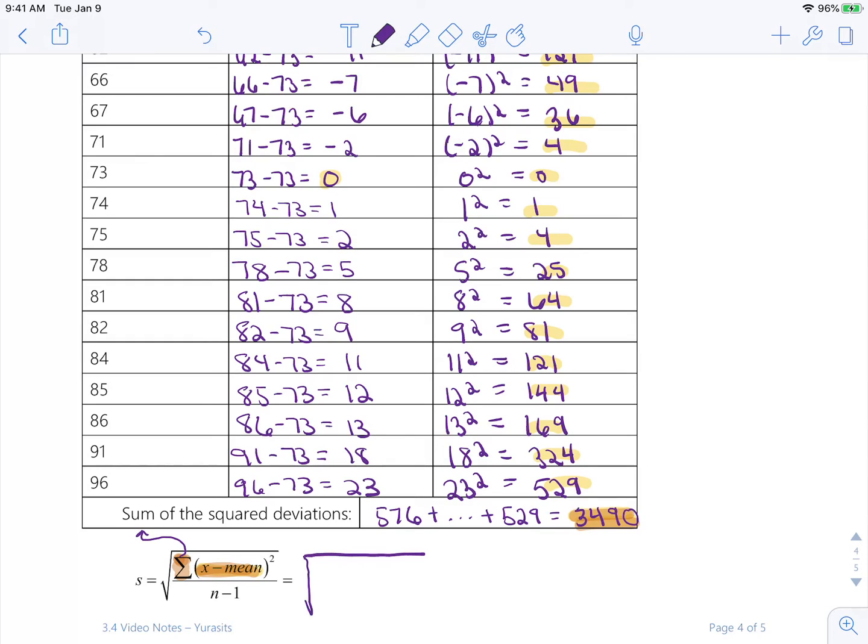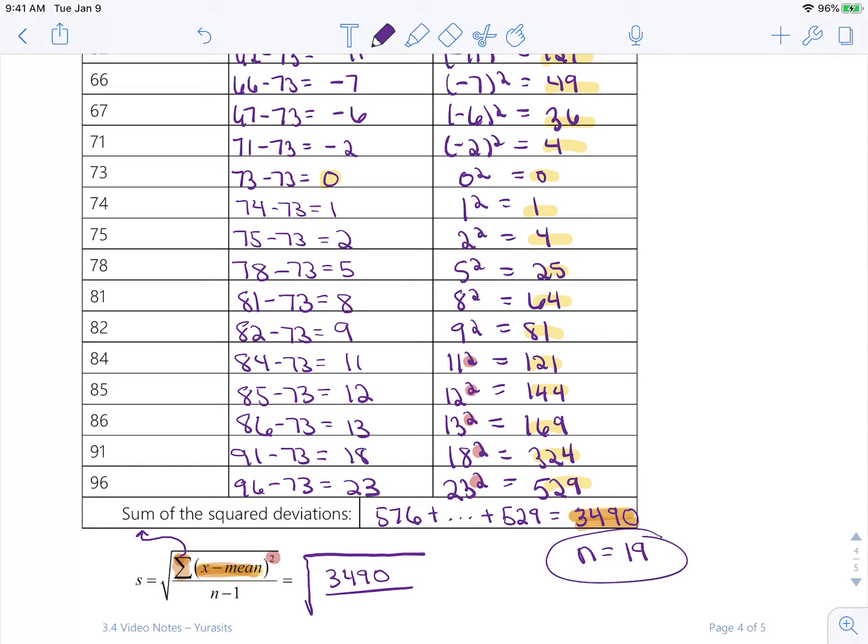All right, so we know that, and another thing I want to point out, we've already squared them, right? Look, we squared all those values, so we don't need to square this thing again. So this is 3,490 divided by, well, how many data points do we have? We counted it up in another video, so I just know it's 19.